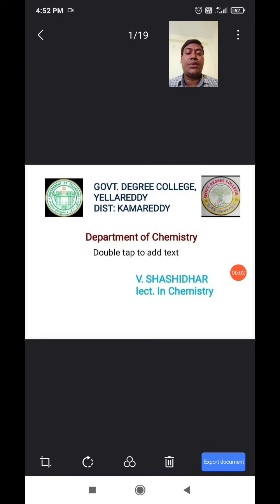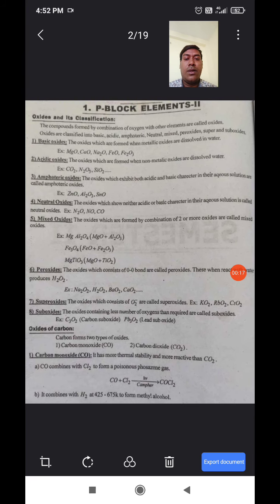Everyone, in today's class we are discussing p block elements. In the previous class, we discussed oxides of p block elements and their classification.